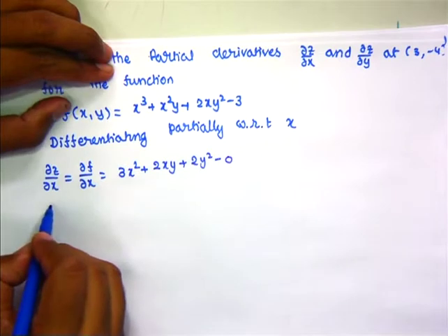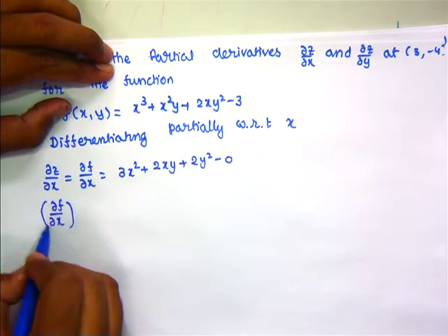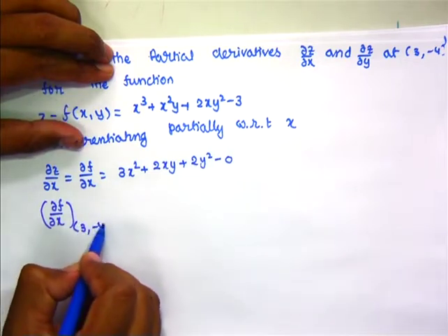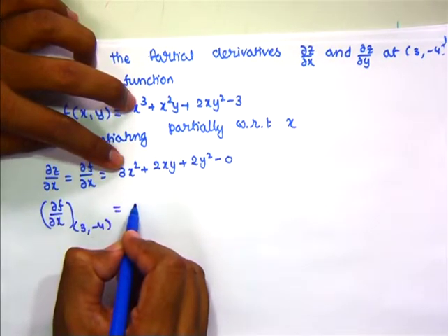Now we take del f by del x or del z by del x at the point (3, -4). So we have to substitute x is equal to 3 and y is equal to -4.